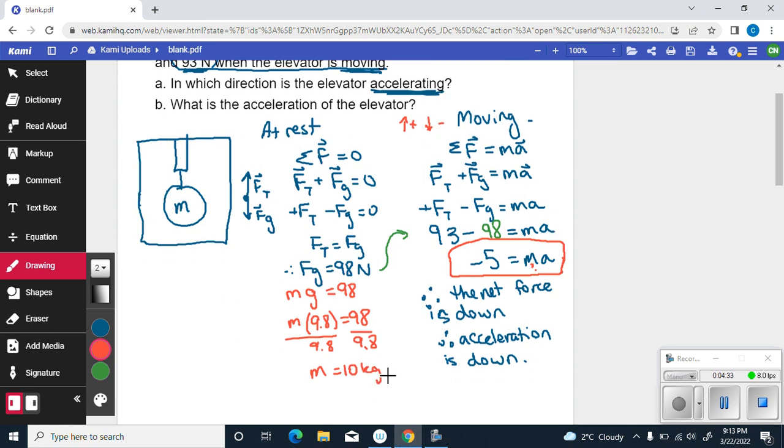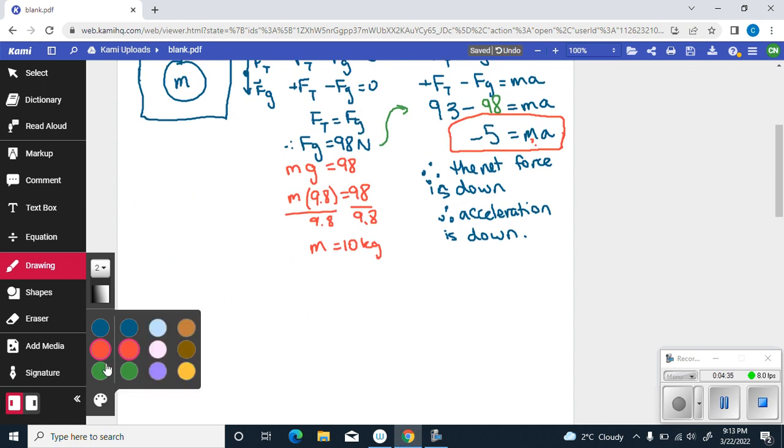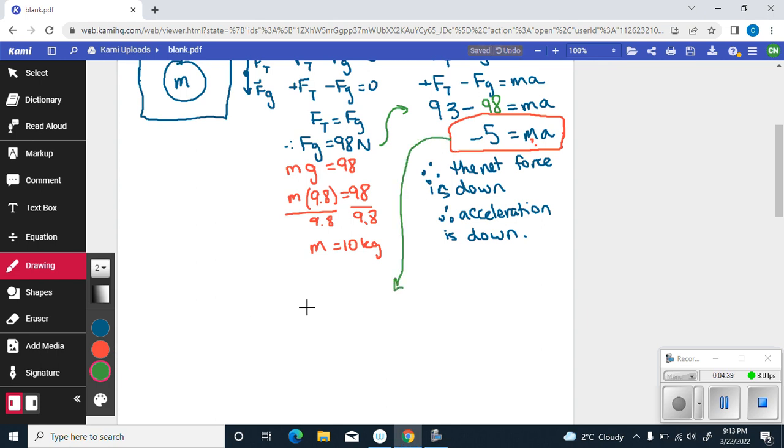So now that I have that, now I can finish. For B, I want to figure out my acceleration. So negative 5 is my net force, equals mass times acceleration. And I just figured out that mass is 10.